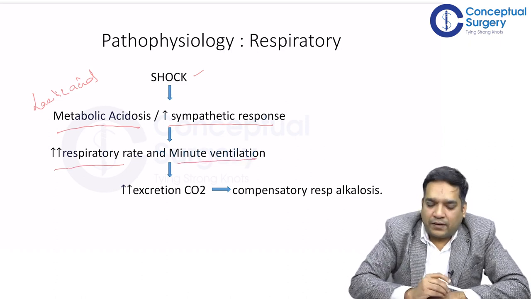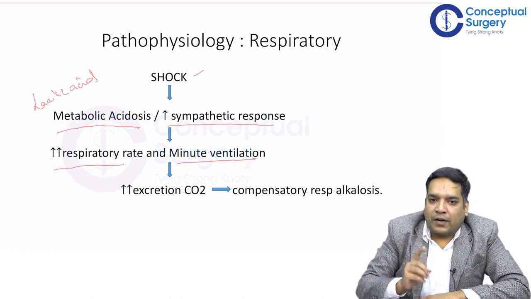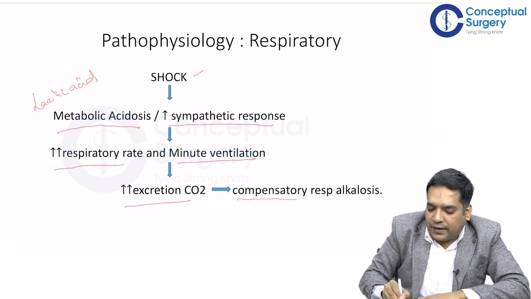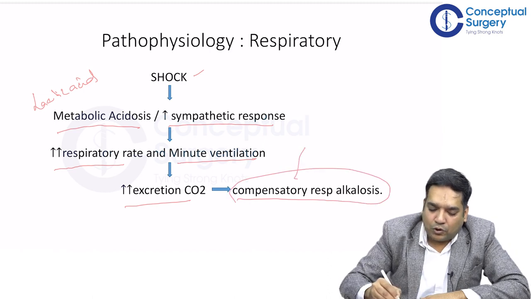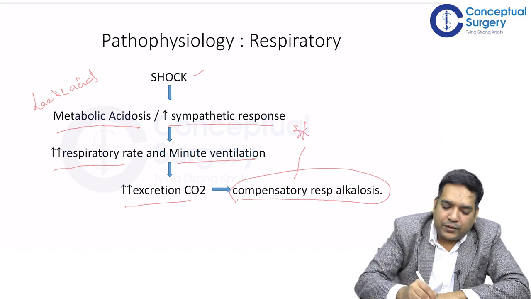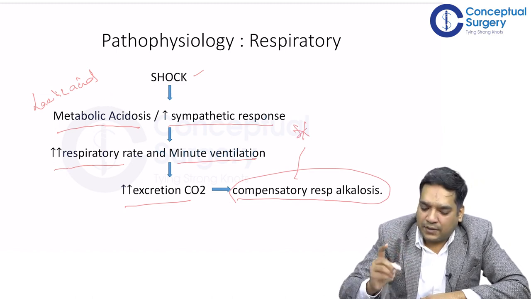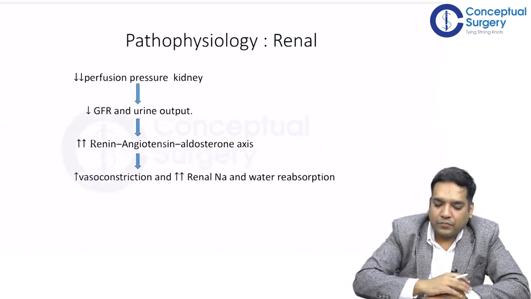Both these factors lead to washout of carbon dioxide from the body, and this leads to compensatory respiratory alkalosis. Please remember this. So, two things are happening: metabolic acidosis and compensatory respiratory alkalosis, right?